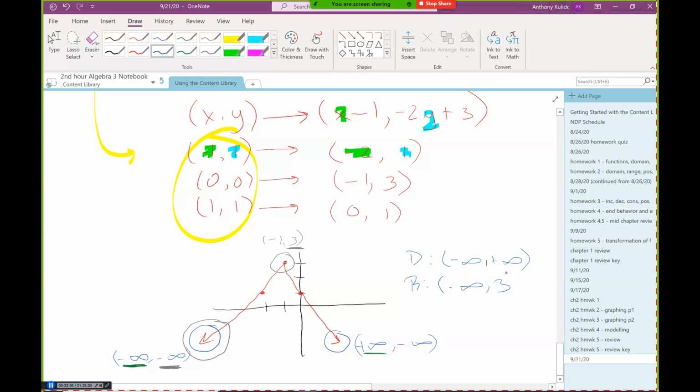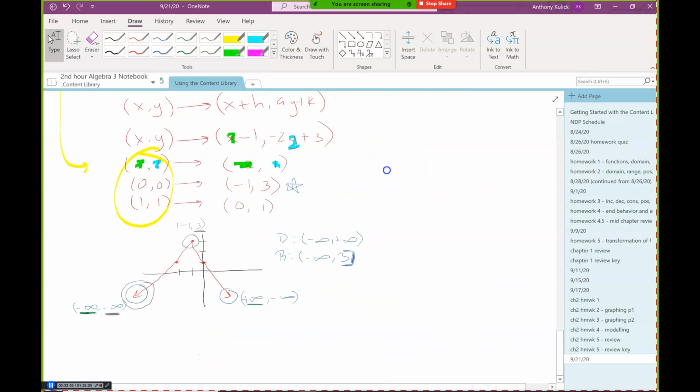But I remember the numbers can have brackets or parentheses. For 3, I should have a bracket because there is a point on my graph. The coordinate is 3. It's right here. It was one of the ones that we plotted even. Is that okay with you guys?